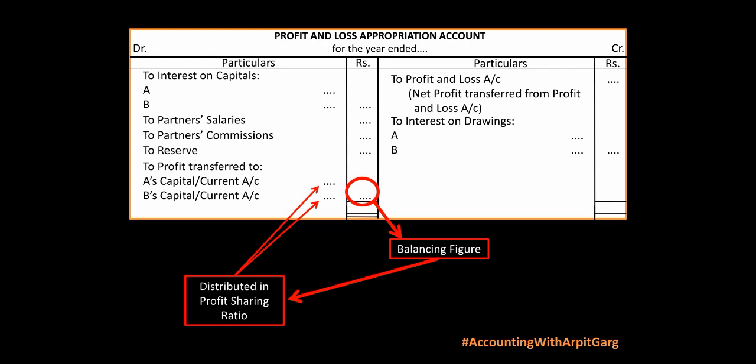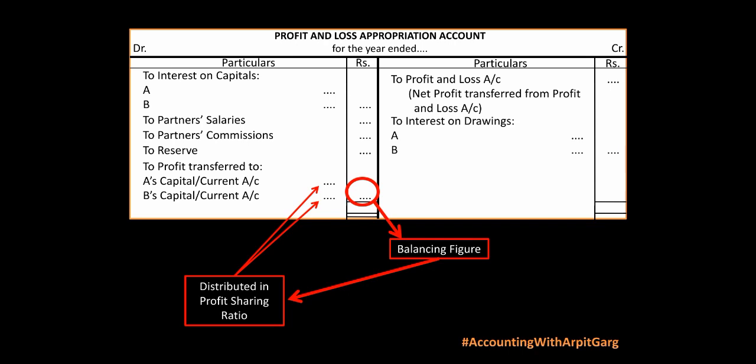Well, then obviously we have studied in the middle of the class that in case of loss, partners are not provided with any appropriation. Just the loss will be distributed in profit sharing ratio directly from profit and loss account.